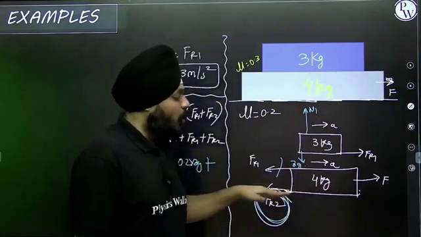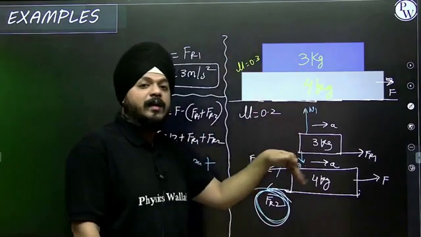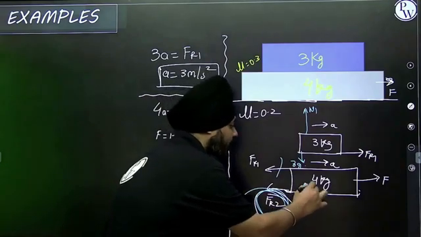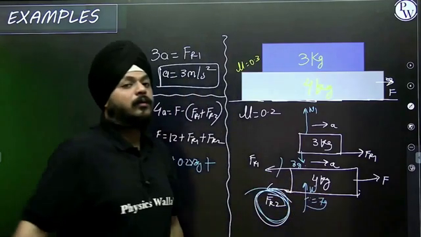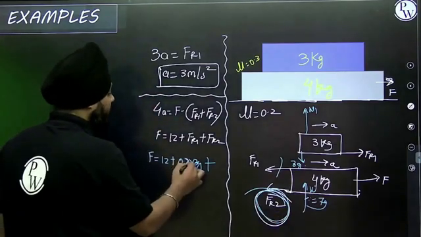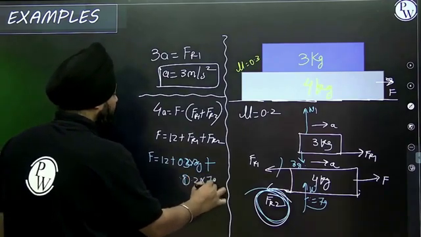But for the bottommost surface, 3G plus 4G, 7G of load is applied, so at the bottommost surface we are having the normal of 7G. And what is the friction value? Here we are having 0.2, so it will be 0.2 into 7G.